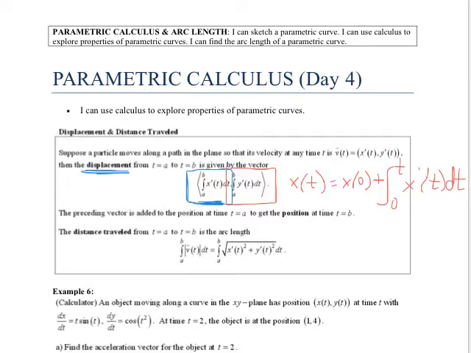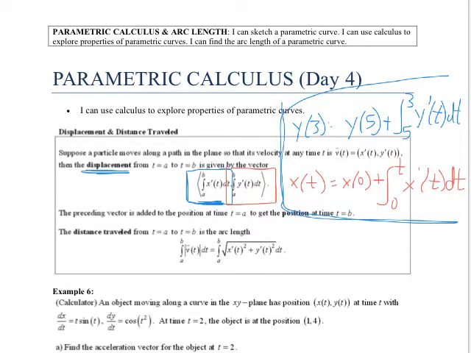And we can do the same thing with y, or we could do it for specific times, like y of 3 is equal to y of 5 plus the integral from 5 to 3 of y prime of t dt. So these integral as net change ideas will be prevalent in the notes.